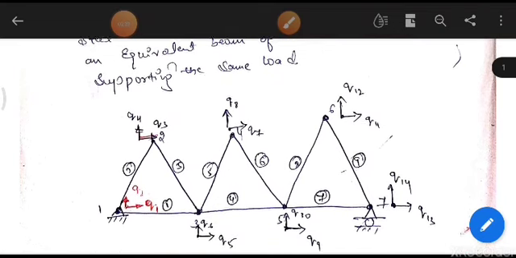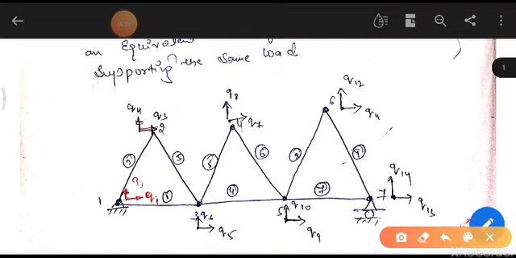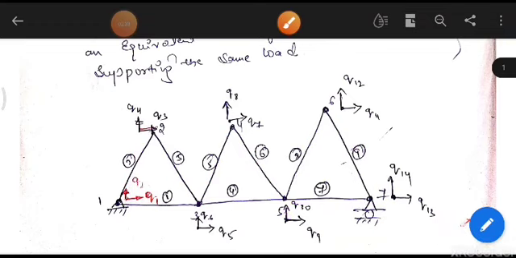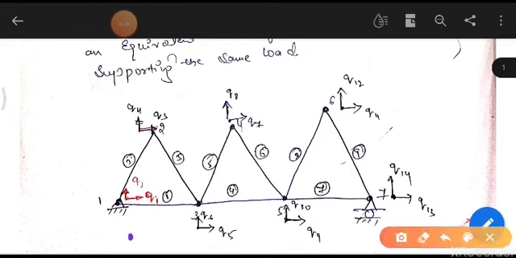If you see this figure here, there are 9 elements: element 1, 2, 3, 4, 5, 6, 7, 8, 9. Each element is connected between two nodes, and each node has 2 degrees of freedom.